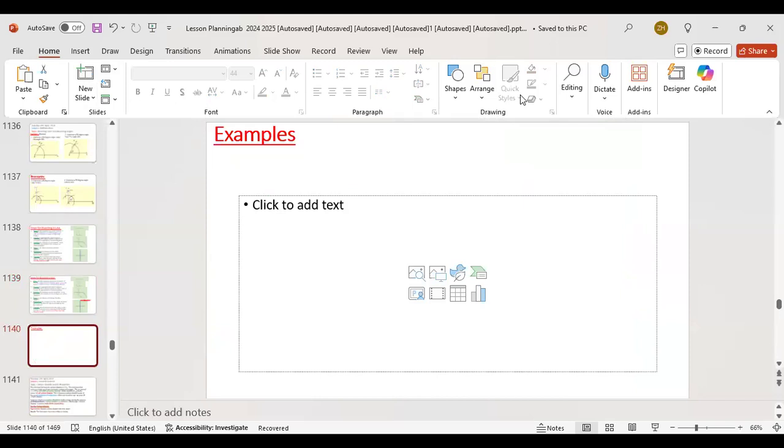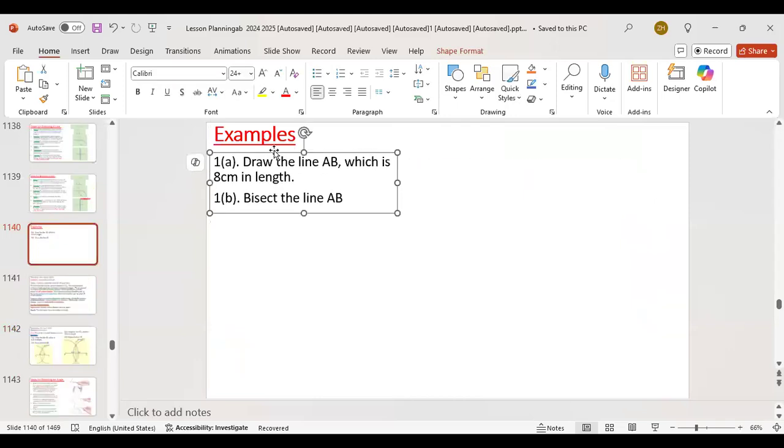All right, good. So let's go ahead and do this. So we're gonna say draw the line. Let's call this line AB, which is 8 centimeters in length.